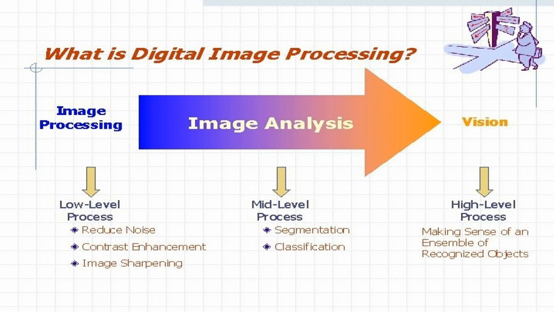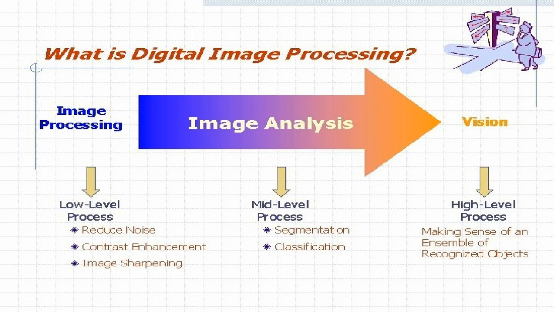In the mid-level operations, we try to extract some attributes such as edges, contours, regions, etc. from the images. And in the high-level operations, we try to analyze and interpret the content of the images. Image processing is a multidisciplinary field with contributions from different branches of science such as mathematics, physics, optical and electrical engineering. Also, it overlaps other areas such as pattern recognition, machine learning, artificial intelligence, and human vision research.